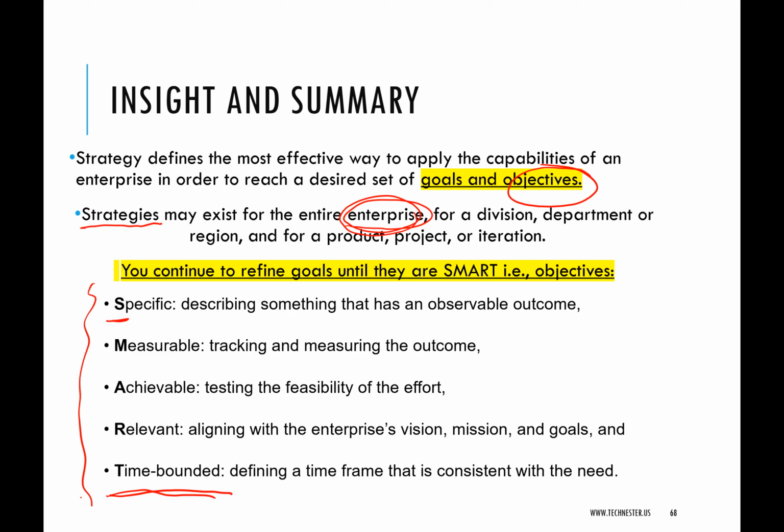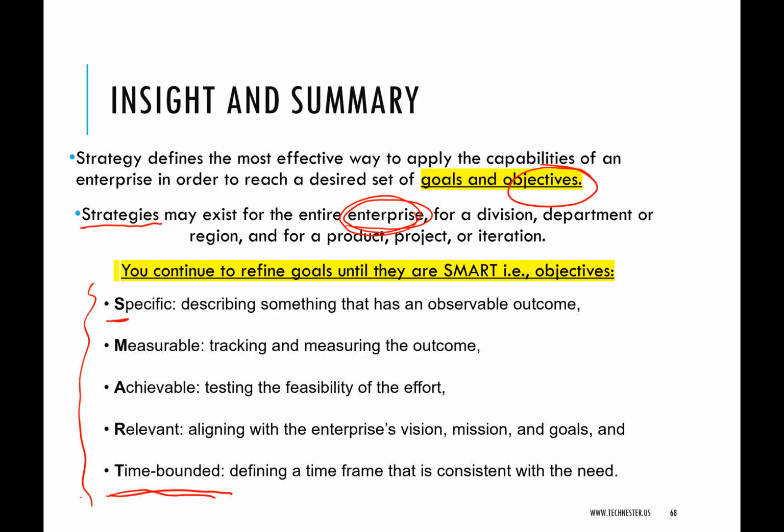So let's look at an example of a goal. Let's say the goal is, for a university or an organization like ours, to increase the number of students they have. That is the goal. It's vague. They just want to increase the number of students.